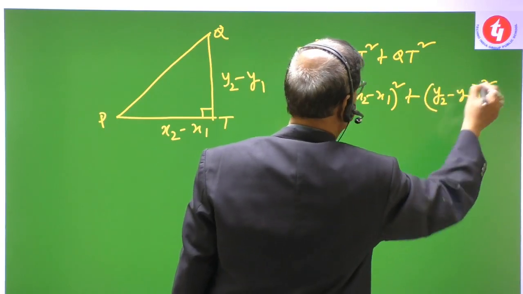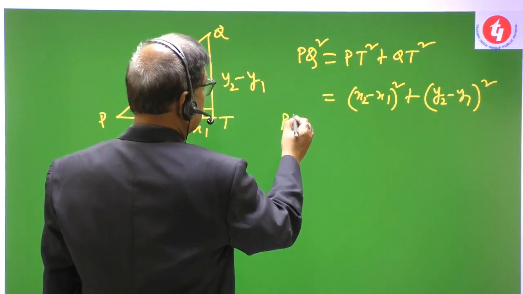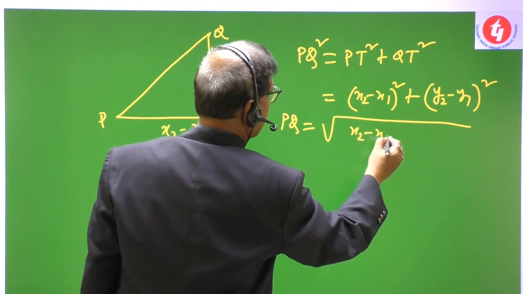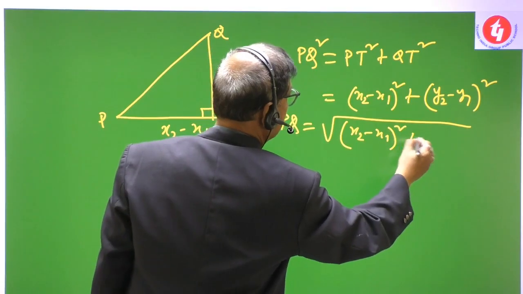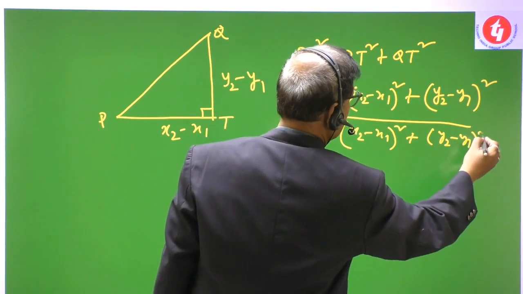Is it clear? So PQ square is this. So what will be PQ? PQ will be root over of x2 minus x1 whole square plus y2 minus y1 whole square.